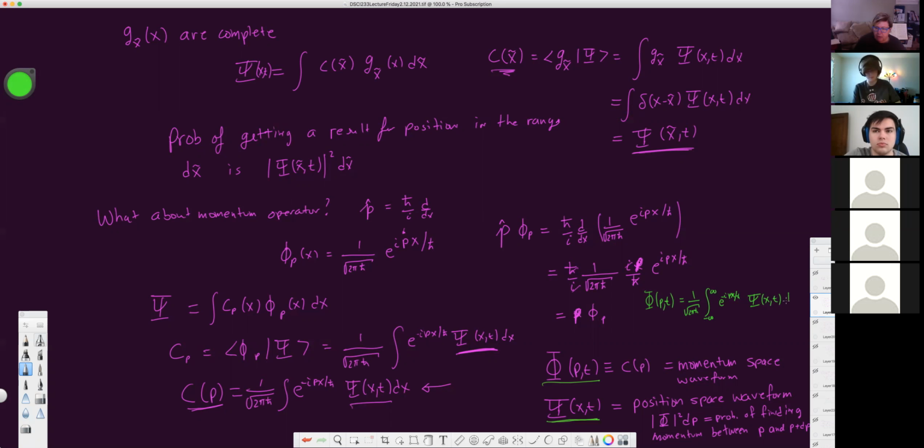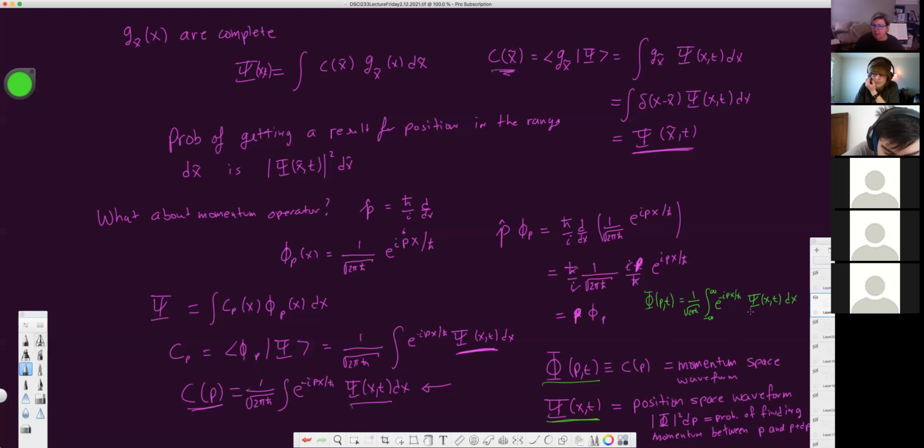And then you're integrating over x, right? There's a px. Let me erase that and do a little better job of that. I'm sorry, this is a little too messy for you to read. So e to the minus ipx over h bar. Okay, so notice we're integrating out x. Once we integrate over this, there'll be no more x's left, but only p's. Okay, so that is the momentum space wave function.